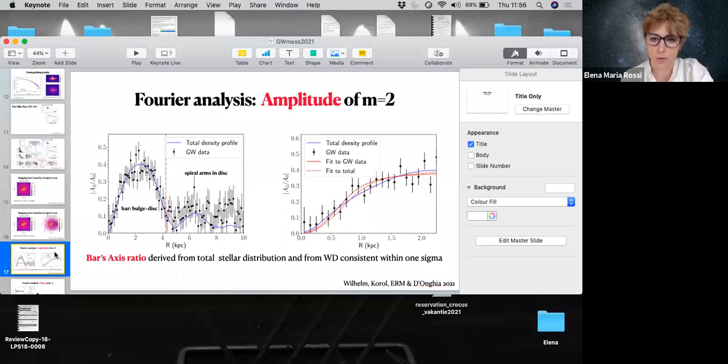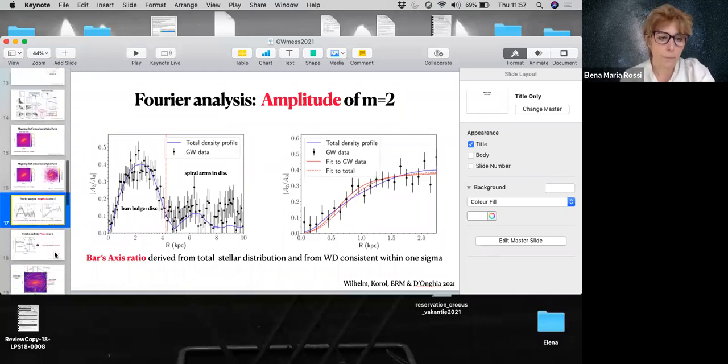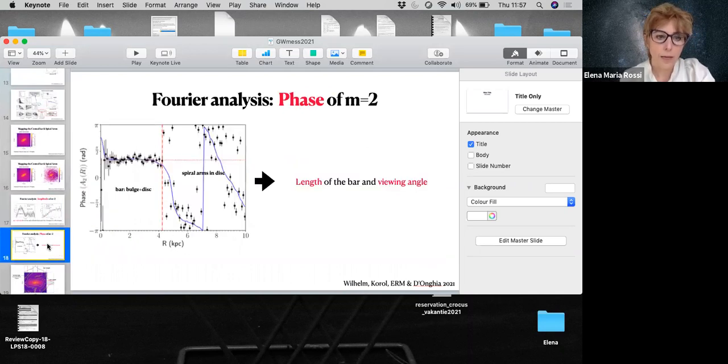So very much consistent. And I repeat, the total density profile is not something that can be currently measured. Then from the phase of the m=2 mode, we can derive the length of the bar and the viewing angle under which we see the bar.